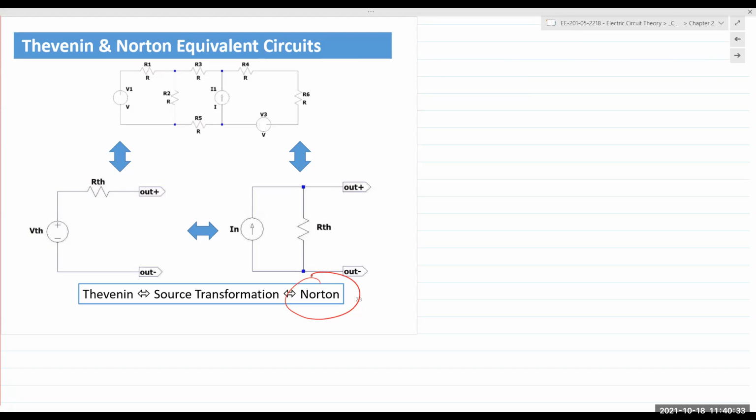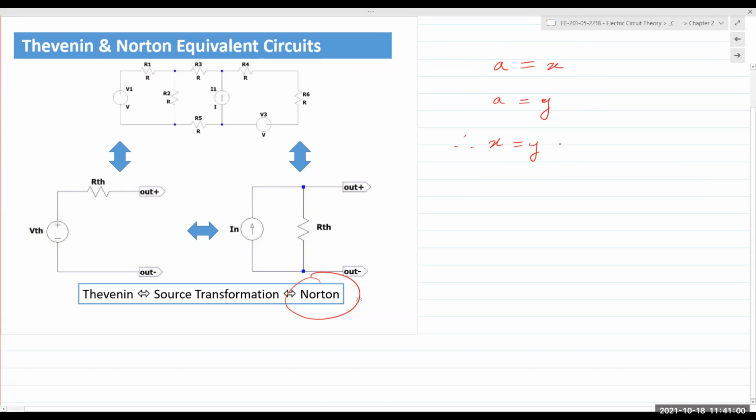Now, if A equals X and A also equals Y, then we can write that X equals Y, right? Logically. The Thevenin circuit is equivalent to the larger circuit. The Norton circuit is also equivalent to the larger circuit.